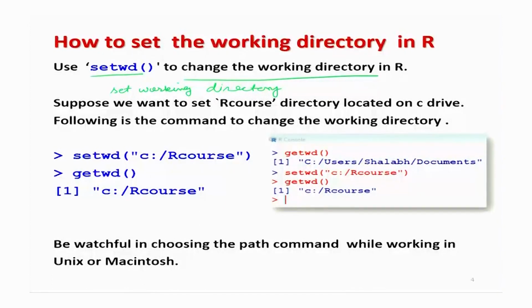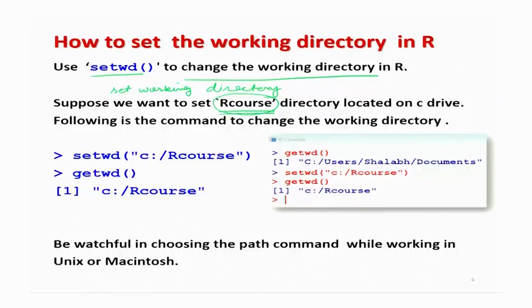Just for the sake of understanding, I have created a folder R course, capital R and then COURSE. I have created this folder on the C drive, and I want my R software to read the files from this directory, and all my output should also be stored in this directory.